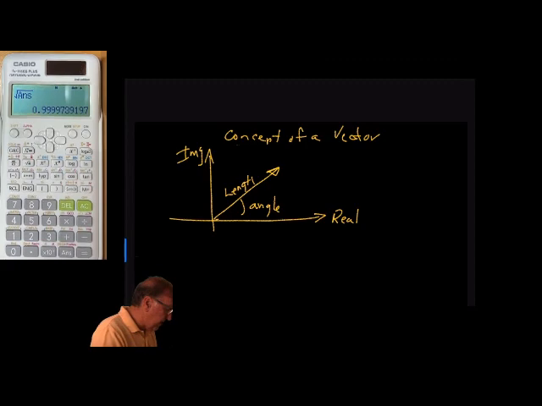So this representation is called polar notation. So we have a vector and we have an angle of the vector. The vector can also be described in rectangular notation as well, where instead of having an angle and a length, we would have an x and a y coordinate. So this would be drawn down here as well. So that would be the x coordinate, and this would be the y coordinate. And that's called rectangular notation.